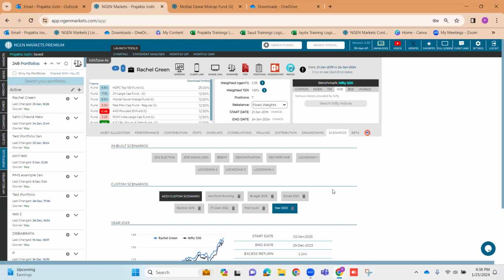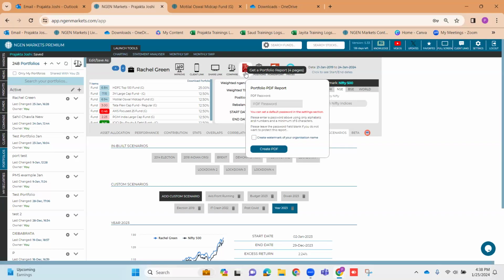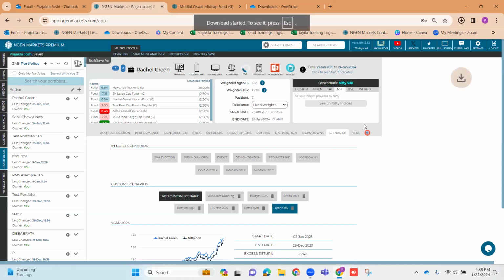And therefore, we'll come to the reporting options that we have on the platform. So we have a 4-pager standard PDF that you can definitely use to present the performance of the portfolio. And you can simply click on this. You will have your own organization's watermark at the background, and you can simply check this box before generating a PDF. And that is how a PDF will look like.